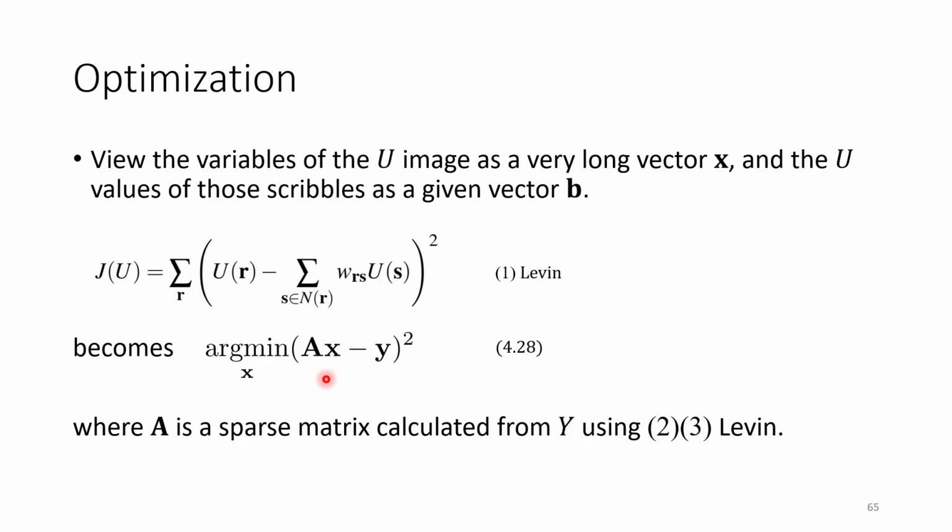Make sense? No? Okay, let's say it again. What is x here? The pixels whose U values we need to decide. And what is y here? The pixels whose values are given.